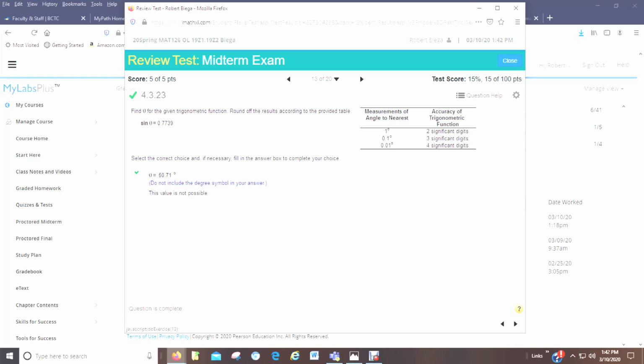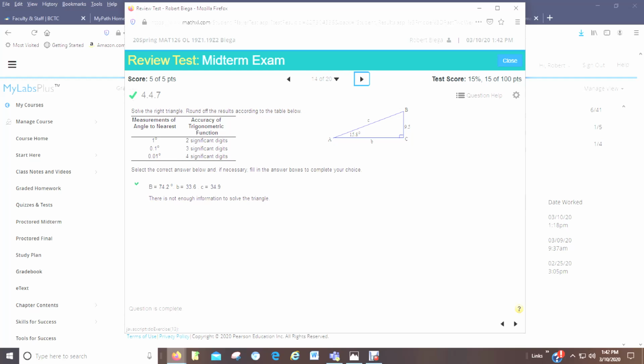So again, this right here was 4 significant digits, which means my angle should have been rounded to the hundredths place, 2 decimal places, which is what I did. Here was an example of a completed triangle. And make sure you're calculating the correct side.